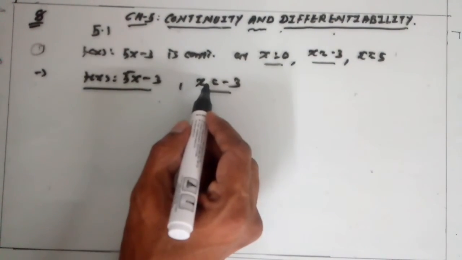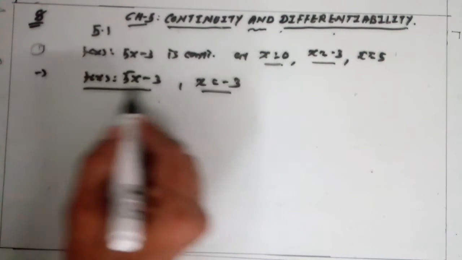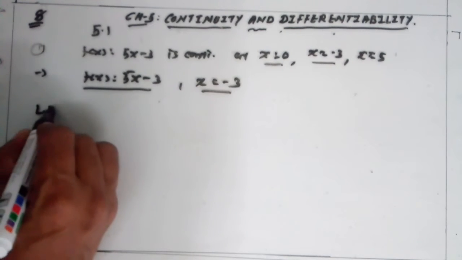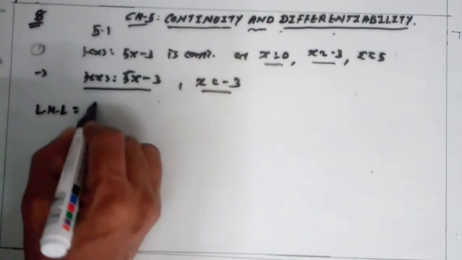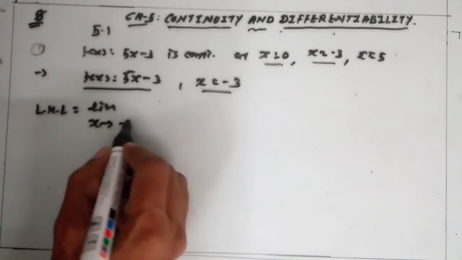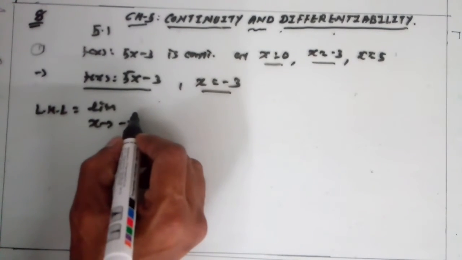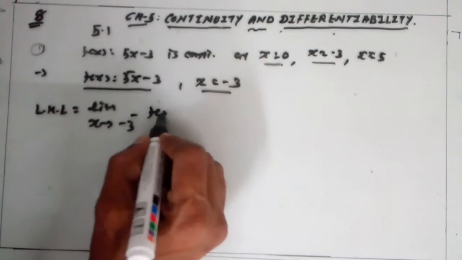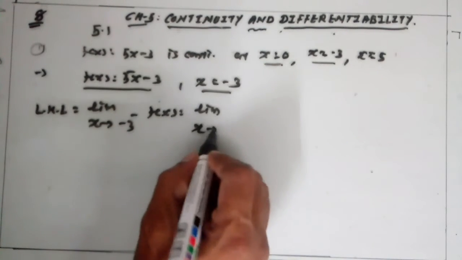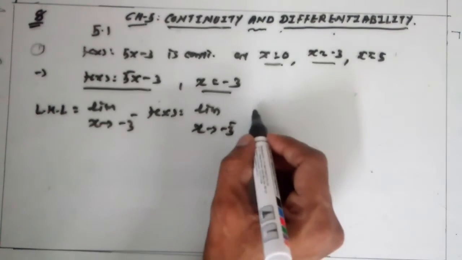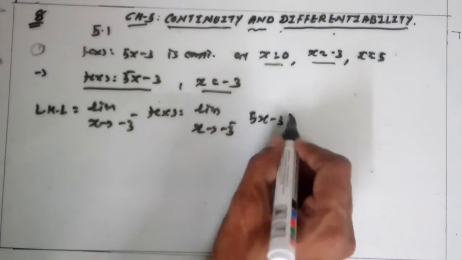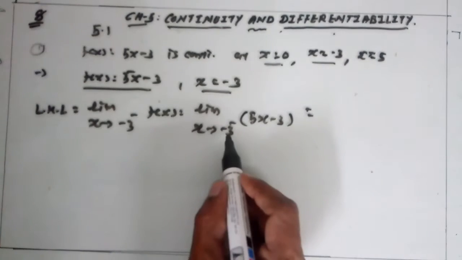Here we want to discuss continuity at x = -3. So the left hand limit is equal to limit x tends to -3 negative f(x), which is limit x tends to -3 of 5x - 3.